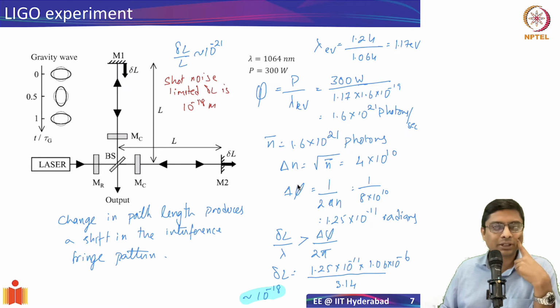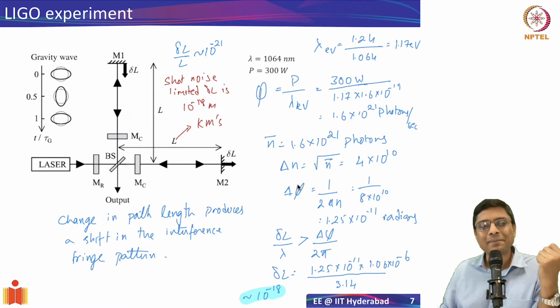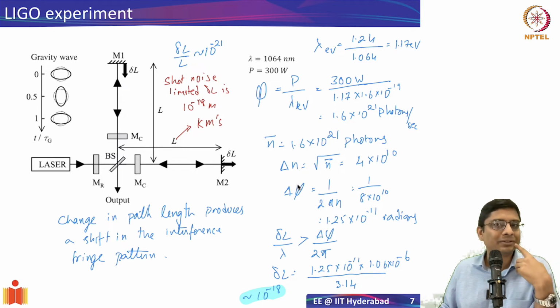That's my shot noise limited delta L. So to get delta L by L of 10 power minus 21, I'll have to have this L in the range of kilometers. L should be kilometers. If L is kilometers, then automatically delta L by L is going to be 10 power minus 21, roughly in the range where you can detect gravitational waves.